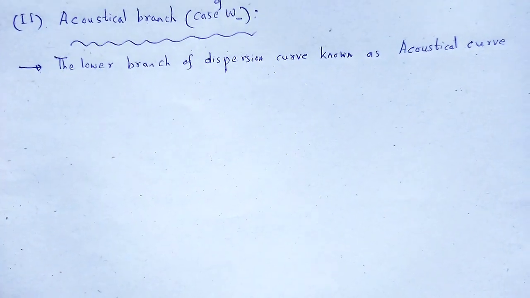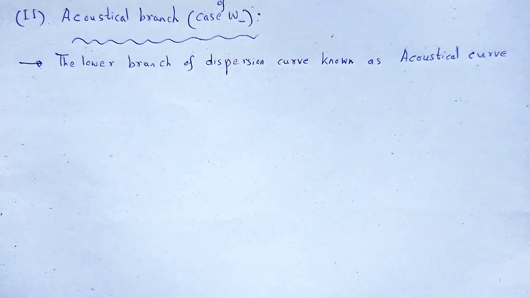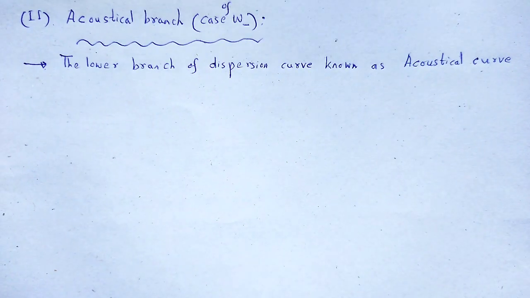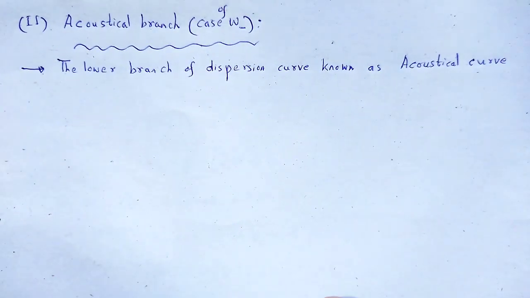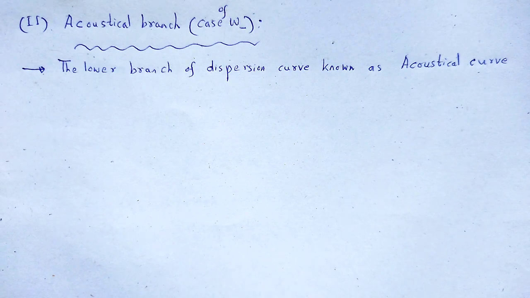Then we mathematically show what the frequency range of that acoustical branch is. An example of the acoustical branch is applying a sound wave. If a sound wave is applied to the crystal, then the vibration of the lattice points is like the acoustical branch.